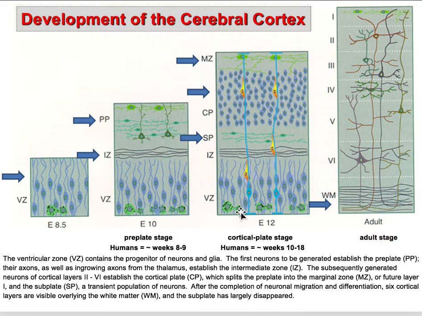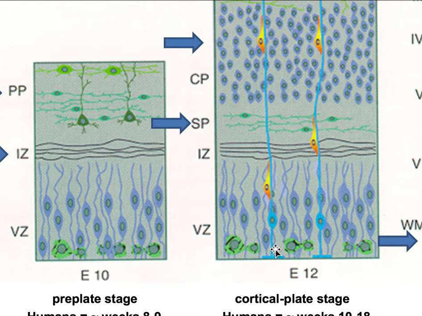This cortical plate, what ends up happening is you can see, and I'll zoom in here, that we have these bluish shaped cells here, and these are called radial glia. And then riding along here are the neurons that ultimately will move outwards and then peel off of the radial glia and reside within the cortical plate.